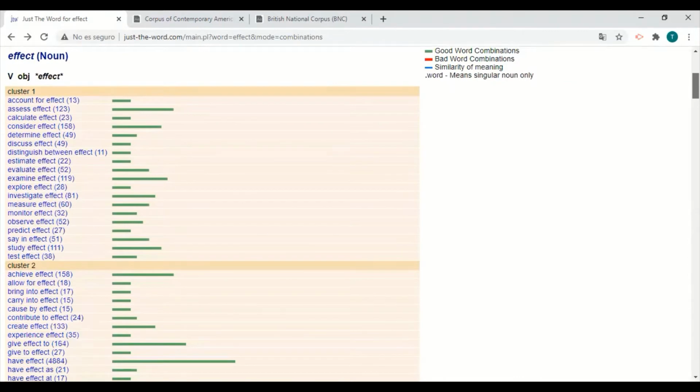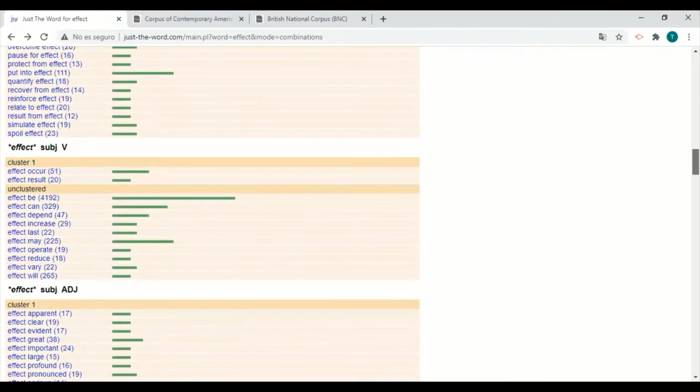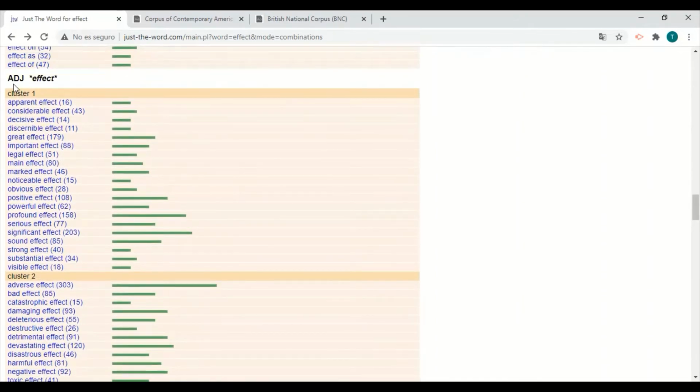An interesting feature of Just the Word is that all the different concordances are divided in different clusters, or rather they are grouped in clusters depending on meaning. So let's see, for example, let's take a look at the adjectives here. Adjectives for the word effect. Look at cluster 1.